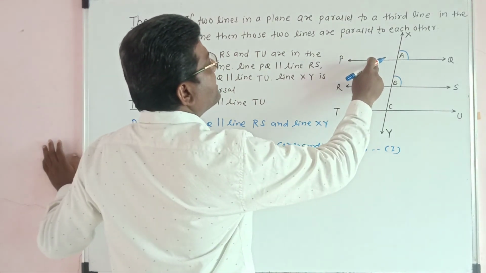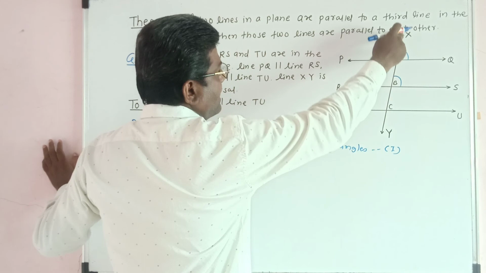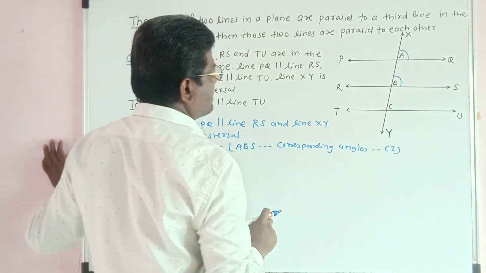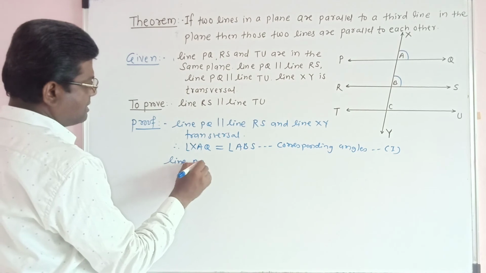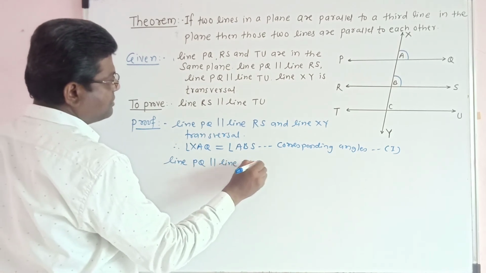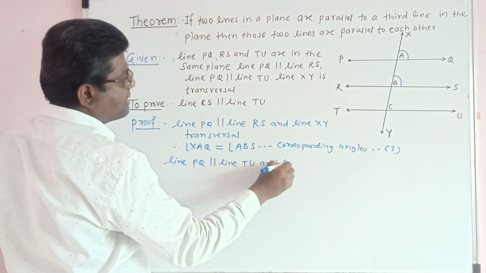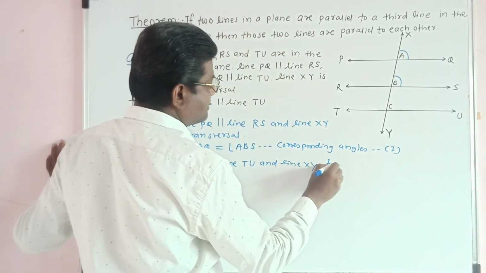Now, line PQ is parallel to line TU and line XY is a transversal. Line PQ is parallel to line TU and line XY is a transversal.